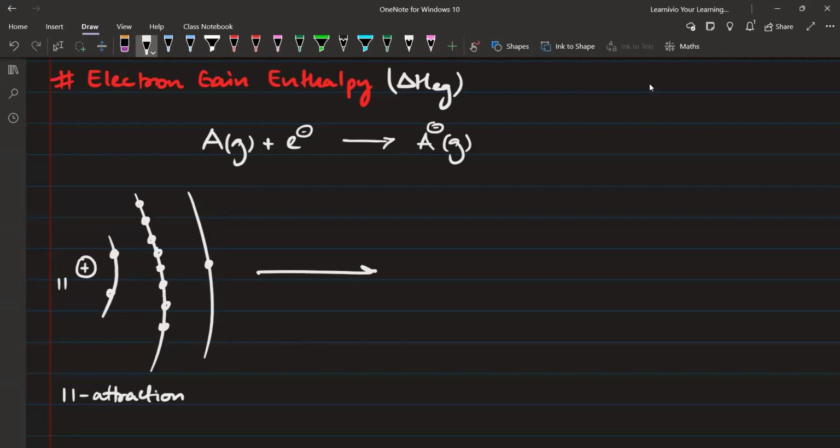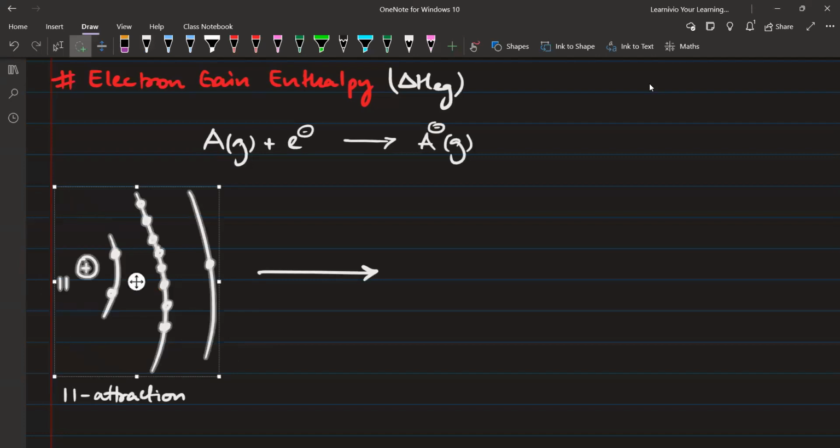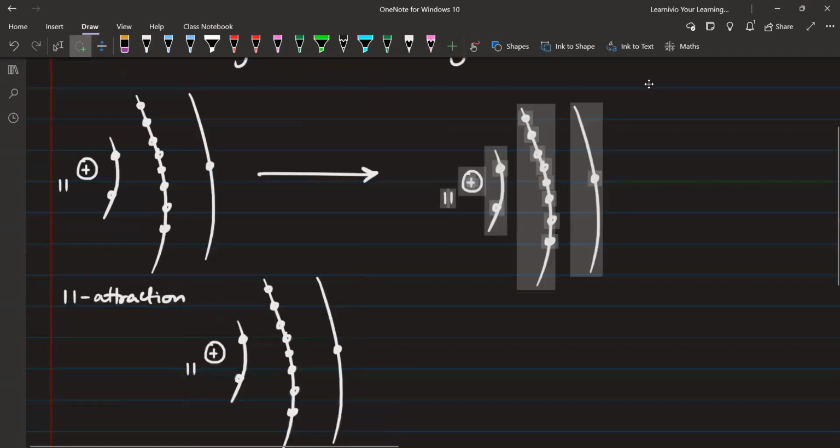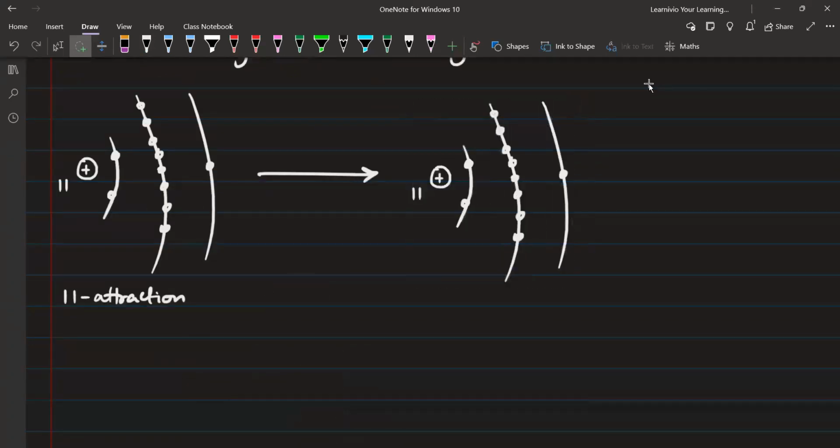When you are going to add one electron, the whole system will be the same. There will be an addition of one electron. And what would happen then? This is the new electron that we have added here.